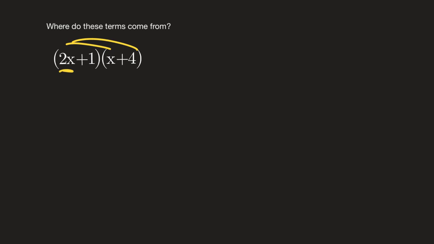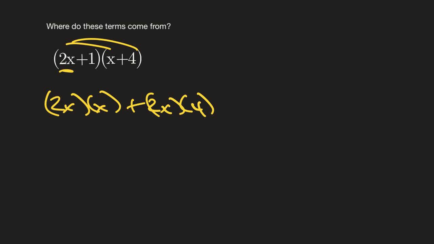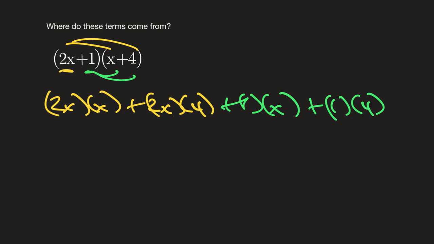We're going to go 2x times x, and then 2x times 4, and then we came back and grabbed this 1, and we go 1 times x, and 1 times 4, okay? So I'm really drawing it out here, okay? That's what we did. All this is a double distribution. It's a binomial times a binomial. We did a lot of multiplying, okay?